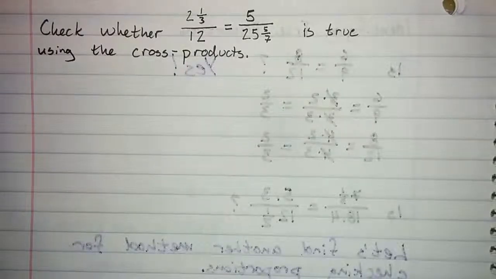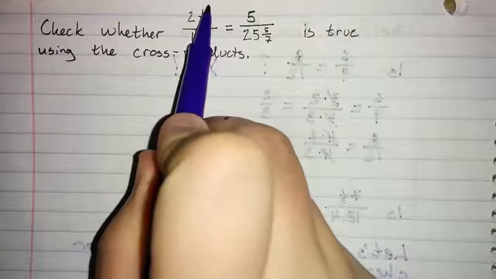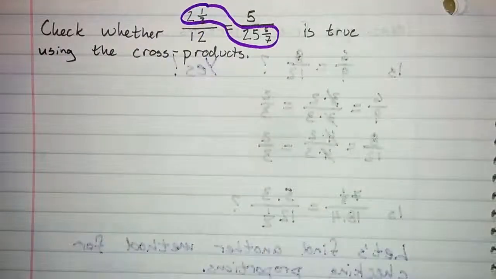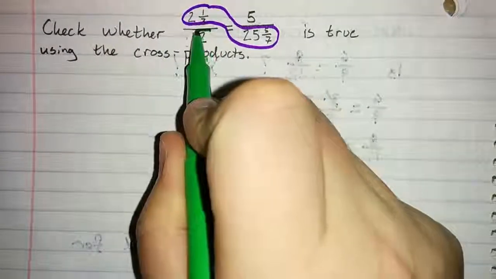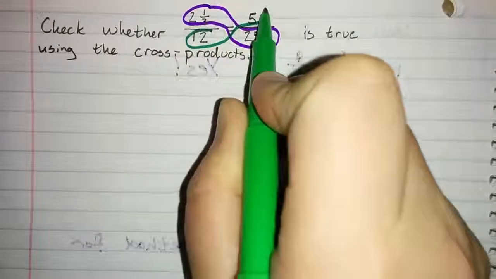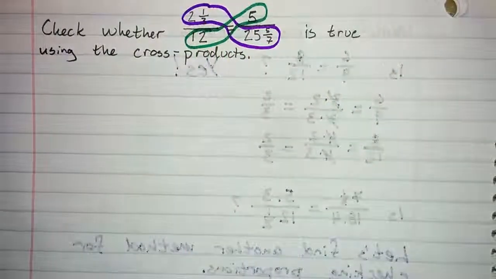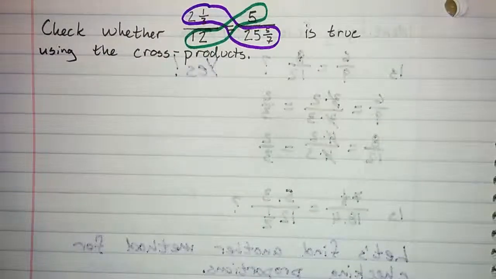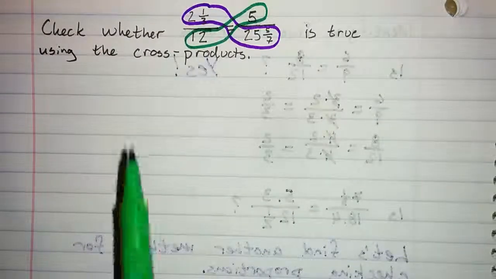All right, so we'll have two cross products. I really recommend that when you go to cross multiply, you actually circle the cross products like this, just because it helps you keep track of what you're doing.